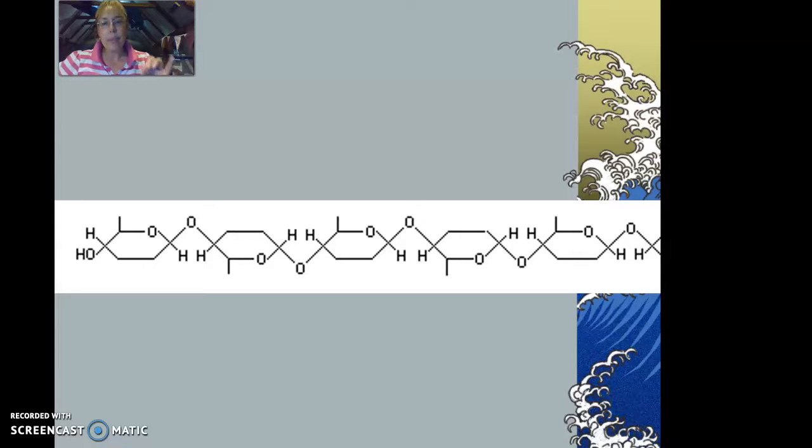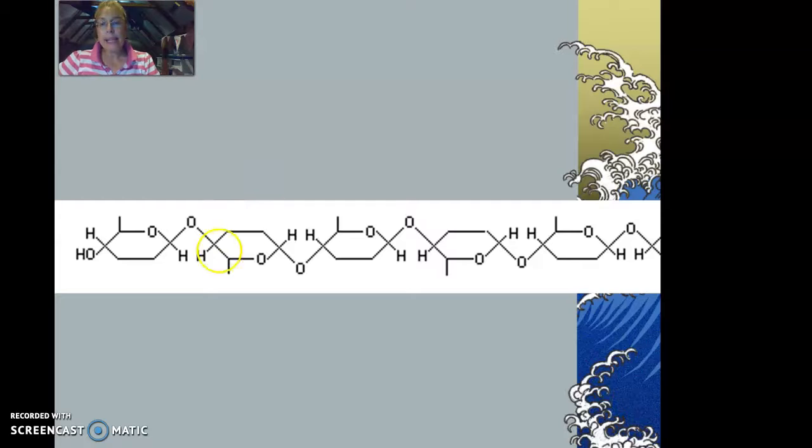Now, there's something important I want you to notice, because this looks very, very similar to, can you think which other molecule? Aha, I'm hoping you're saying amylose. But there's a difference because we are joining a beta glucose molecule.